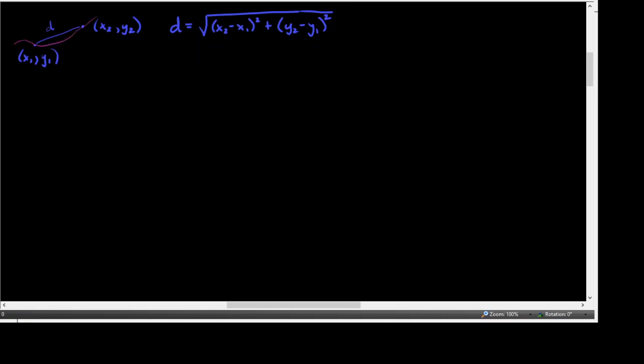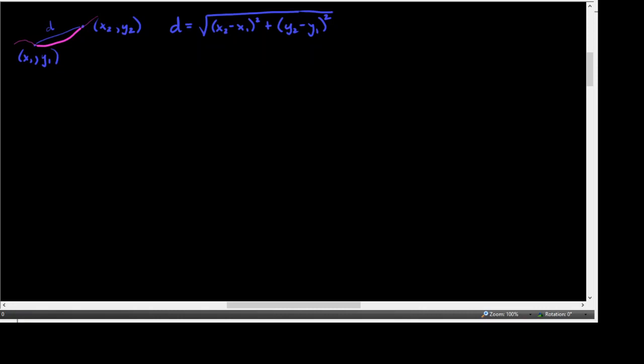And so we're going to estimate the distance along the curve from there to there using that straight length as an estimation of that curved length. And we will be talking about curves that are rectifiable, which means it has a finite arc length.